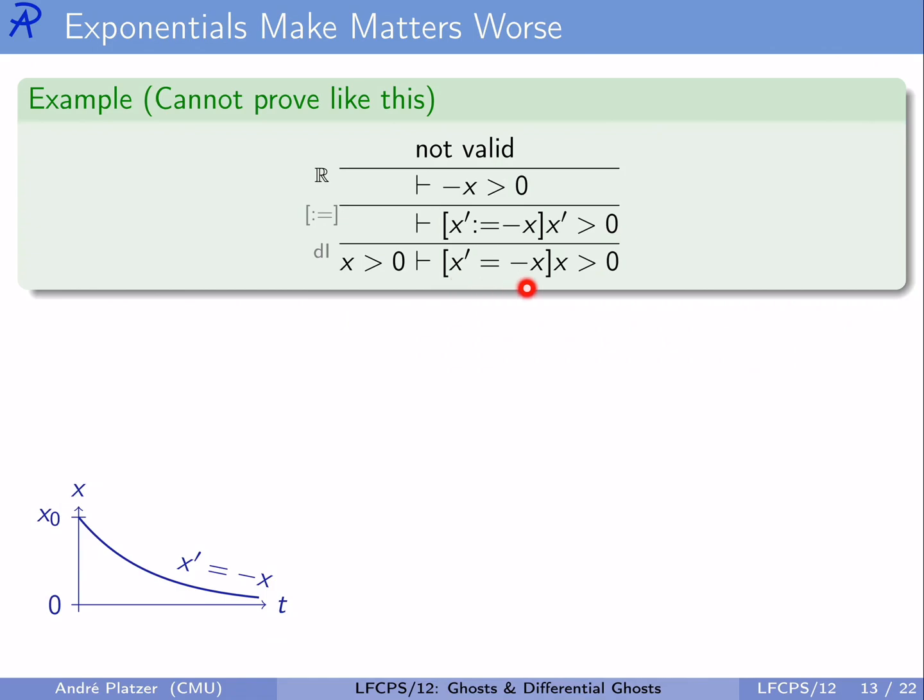Is the question at the bottom valid? Is this a valid formula? Yes, it is. But the point is that if we follow the behavior of the system over time, then its value keeps on decreasing and decreasing. That means the question whether x is positive keeps on getting worse and worse, because the trend of the entire evolution is always downwards.